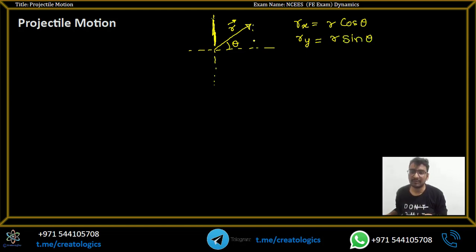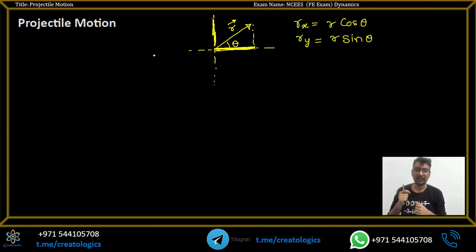Because you can form a right angle triangle, and the hypotenuse length is already known, the horizontal component will be r cosine theta, where theta is the angle made with the horizontal axis. You must remember these things: r cosine theta and r sine theta are the vector components.